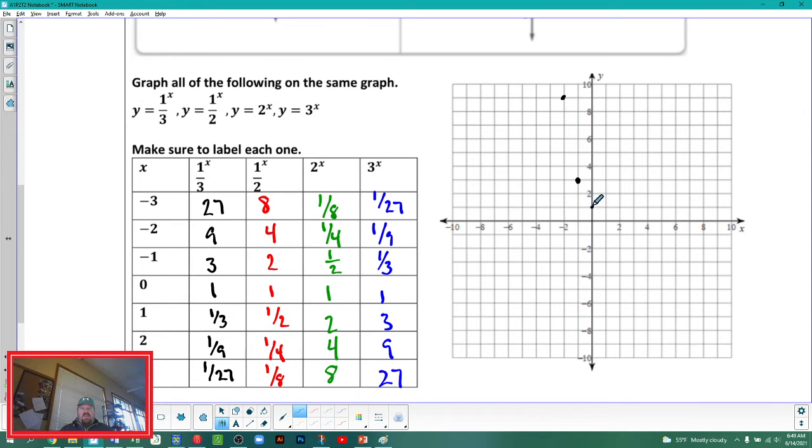And then at 0, it's 1. At 1, it's 1/3. That's maybe there, maybe a little bit lower. And then it goes 1/9 and 1/27. So it gets very, very close to 0. So I'm going to try to estimate the look of that graph as well as I can.